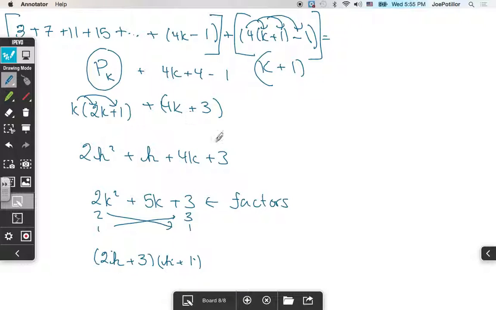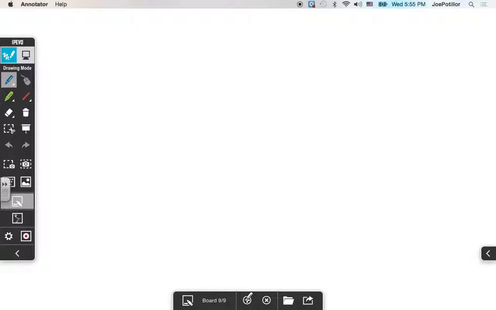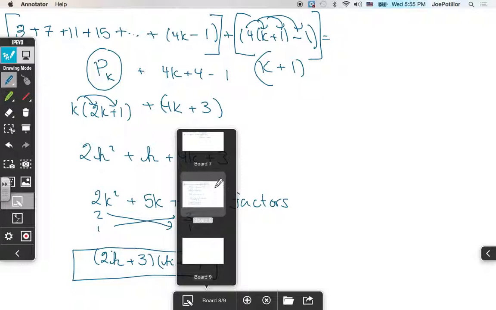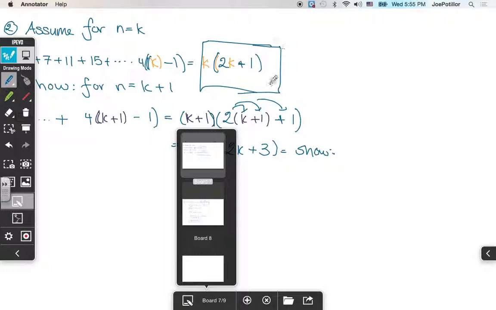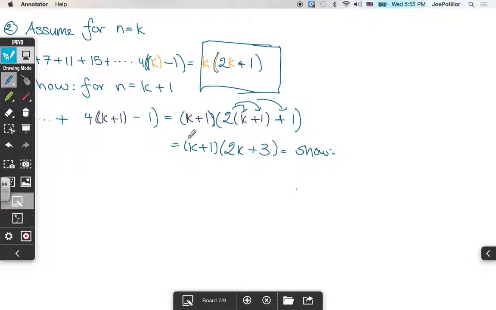Okay. This statement here is exactly the same as, let's go back a page, exactly the same as this here that we found earlier.